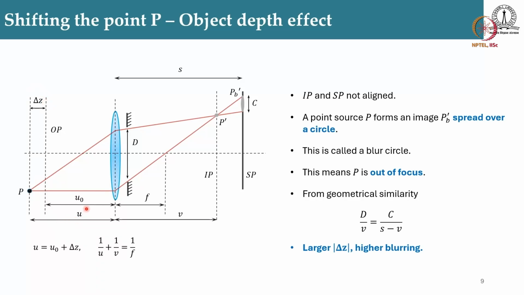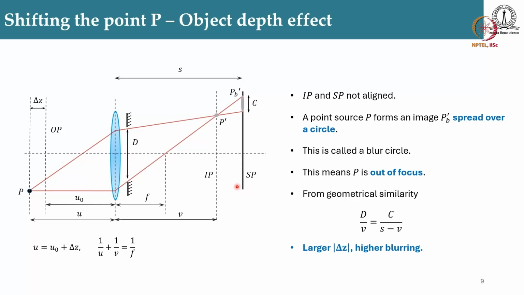So clearly now we have changed U. So V will also change, or the plane over which the image will form will change. But as we are not shifting our sensor plane, there is this mismatch between the imaging plane and the sensor plane.